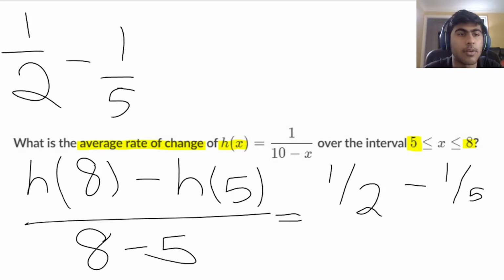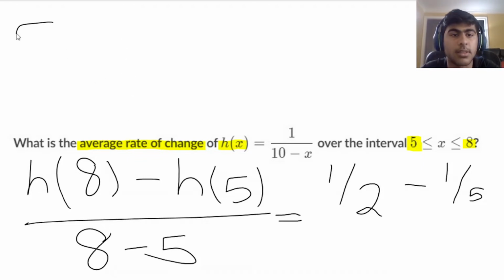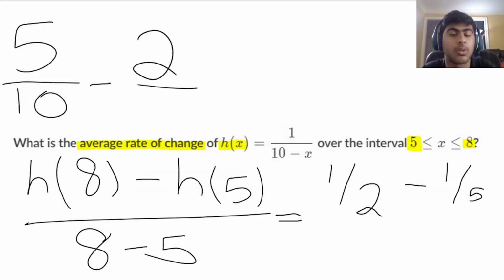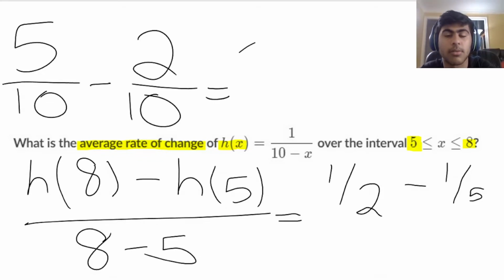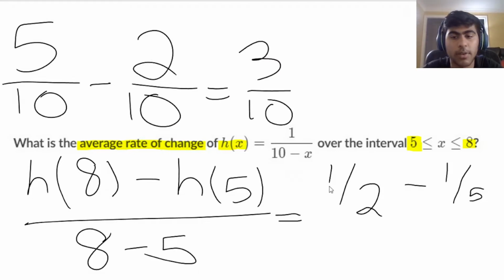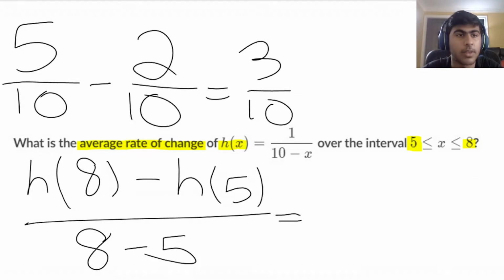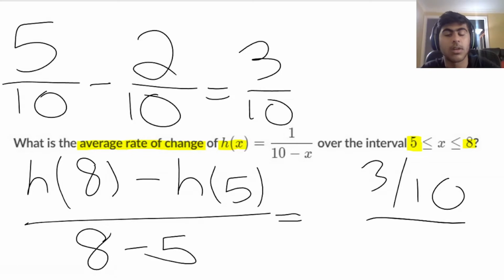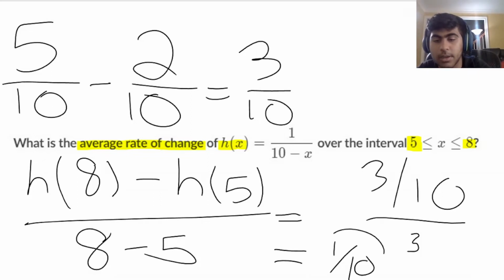Well, what that really is, 5 tenths minus 2 tenths, that equals 3 tenths. So instead of writing 1 half minus 1 fifth, I can write 3 tenths over 8 minus 5, which is 3, conveniently enough. And that would just give us 1 over 10.